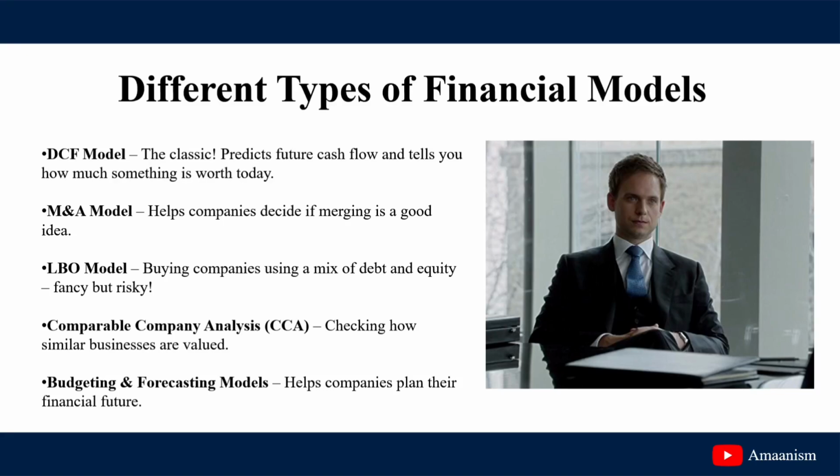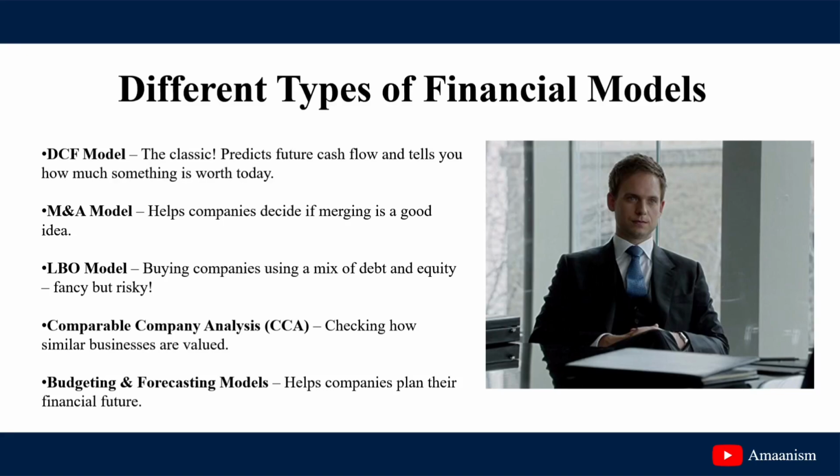The third one is the LBO model, which means leveraged buyout. Whenever a company buys another company with the help of a lot of debt, then they have to make an LBO model to see whether the company is able to produce enough cash so that the debt that was taken to buy that company can be serviced easily or not.